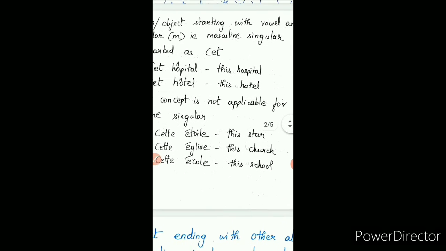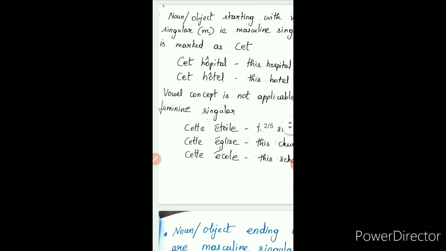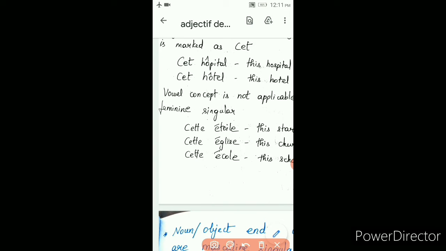Then, vowel concept is not applicable for feminine singular. Listen here. This is also singular. This is also starting with vowel. E is a vowel. And this is also singular only, because it is not ending up with es or s or x. In what case we will categorize it as plural?